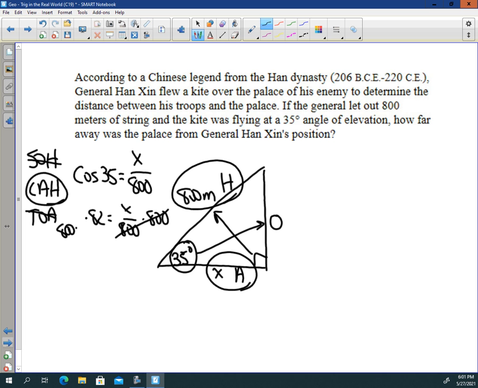These cancel, and 800 times 0.82 is 656, and that equals what's left over on the right, which is x, which is exactly what we're trying to find. And so we are looking at, is this meters or feet? Meters. So it looks like they are 656 meters away from that palace. There you go.